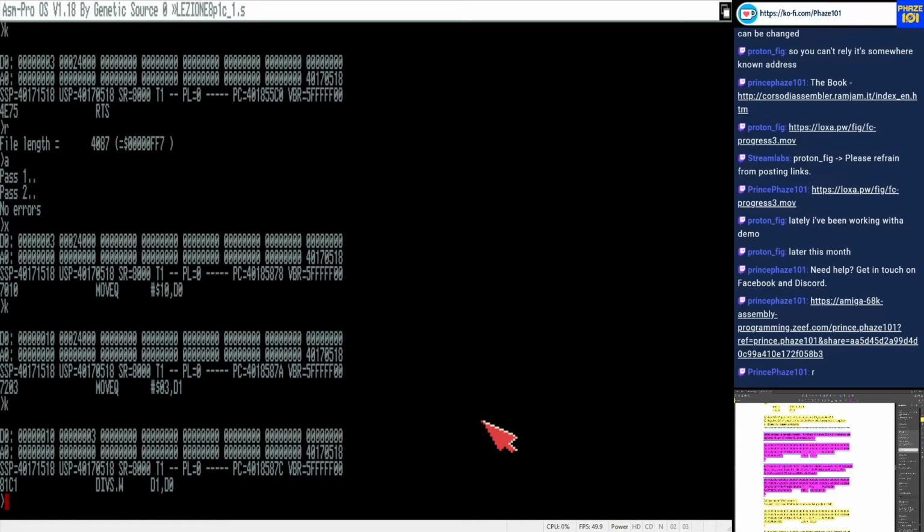So we are going to do 16 divided by 3, which should give a result of 5 and remainder 1, and we should see that in D0.